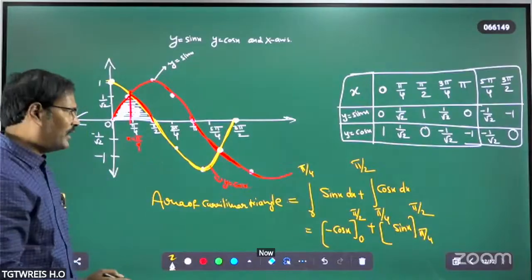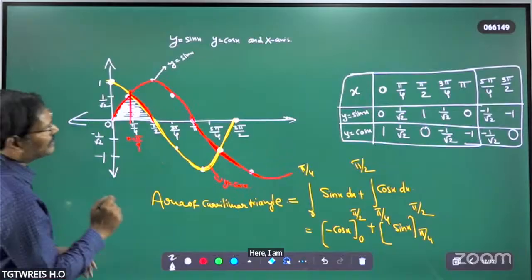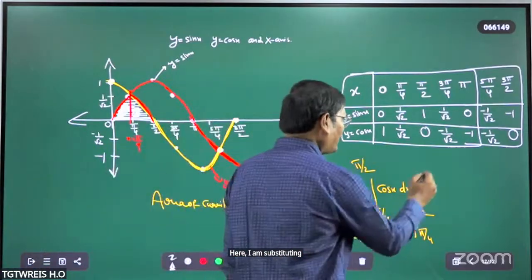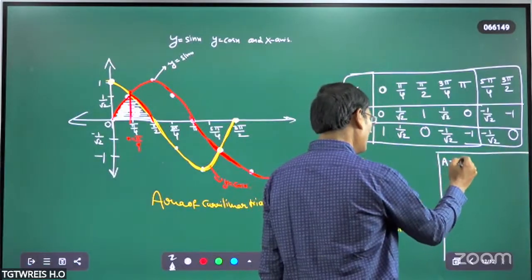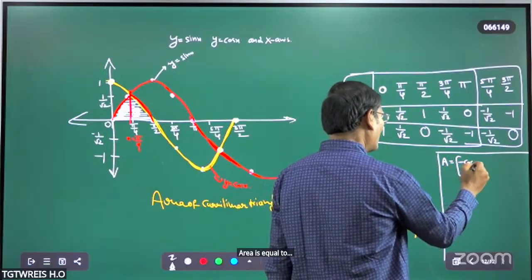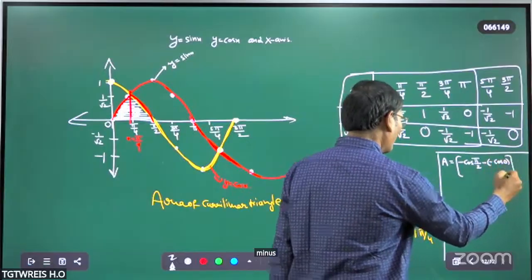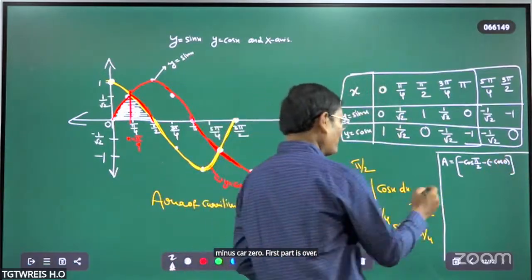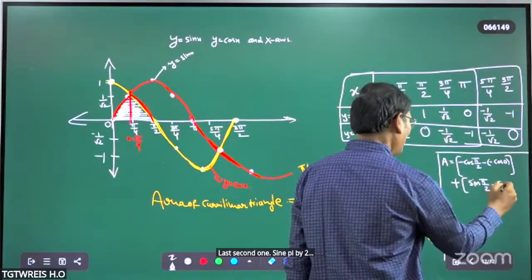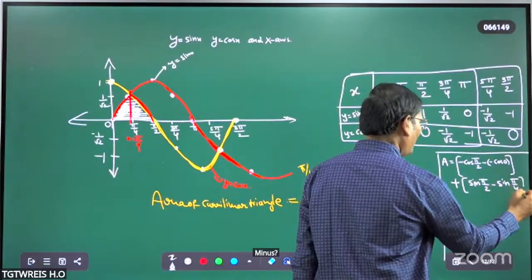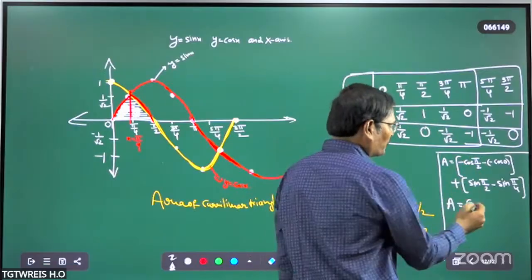Now we have to substitute the limits, then we can get the answer. Area is equal to minus cos pi by 4 minus of minus cos 0. First part is over. Plus the second one, sin pi by 2 minus sin pi by 4.